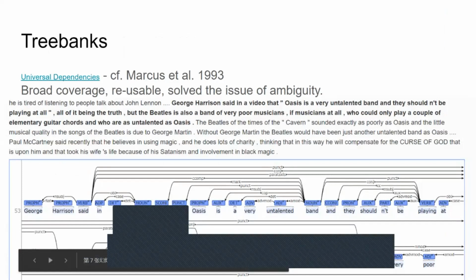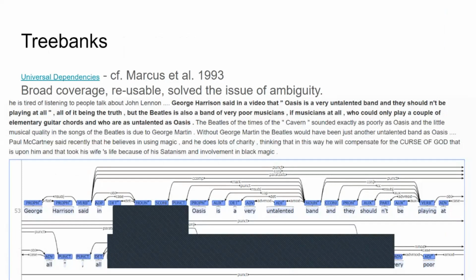It's called Treebanks. It's basically a bunch of sentences with their structures figured out and stored in this website. If any of you are interested, you can go and look.